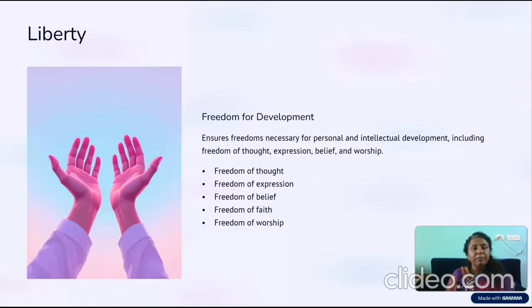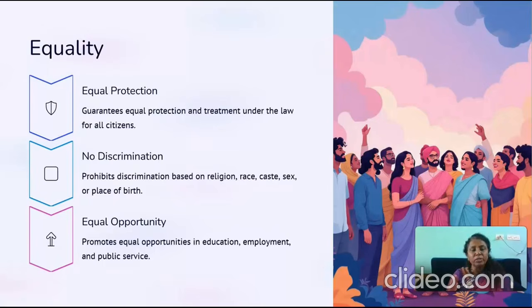Then liberty. Liberty ensures the freedom which is necessary for our personal and intellectual development, which includes a lot of freedoms, like freedom of thought, freedom of expression, freedom of belief, freedom of faith, and freedom of worship. Then another important aspect is equality, equality in all aspects of life.